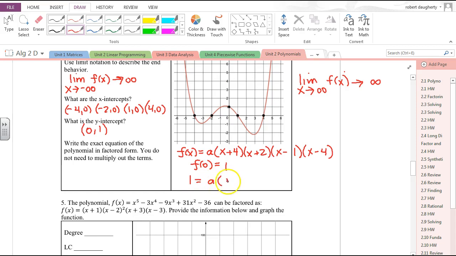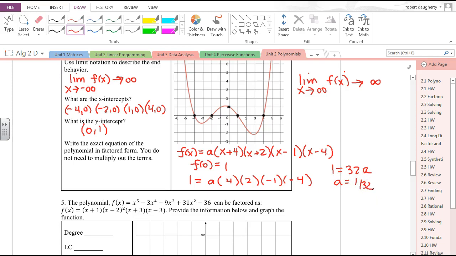When I plug in a 0, I get, this is 4, 2, negative 1, negative 4. So that is negative 16. So then it becomes what? Positive 32. So 1 equals 32a. That means a is equal to 1 over 32.